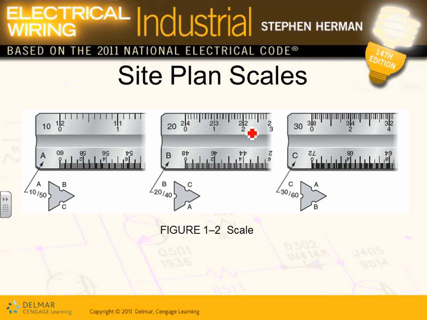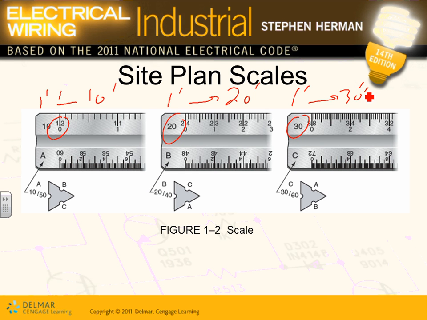When you see a 10 here, it means every inch is equivalent to 10 feet. 20 means 1 inch is equivalent to 20 feet. 30, same thing, 1 inch is equivalent to 30 feet.